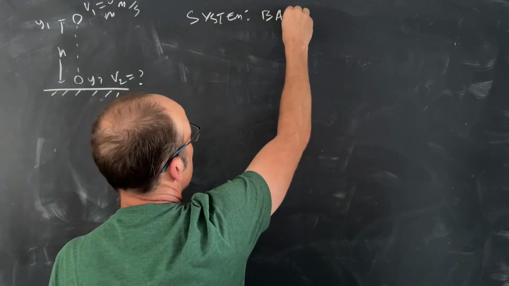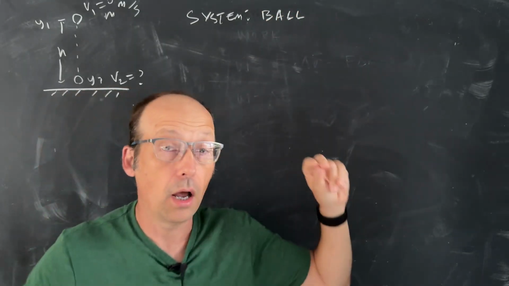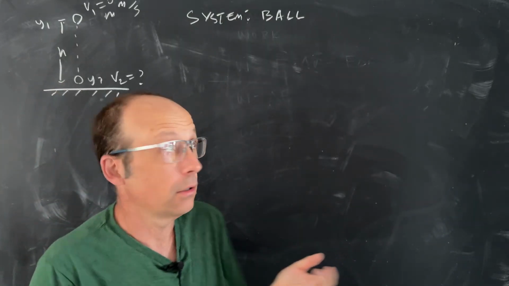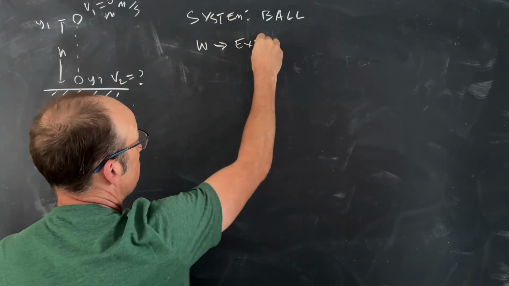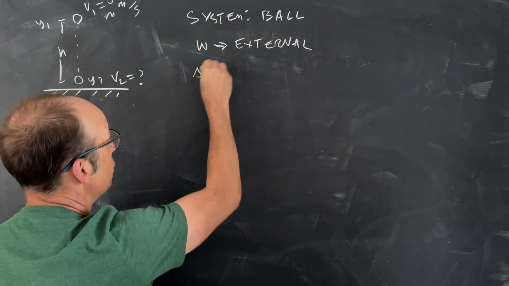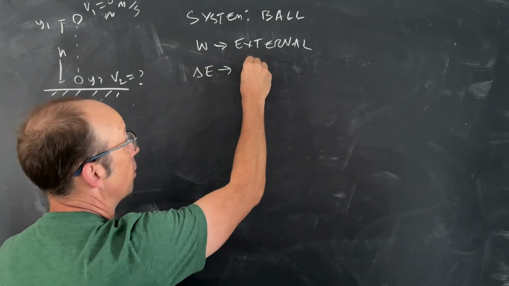That's my only system. So that means there's two things that are important. Any external interactions will do work. So the work is from external interactions. And then the change in energy depends on my system. In this case, the change in energy is going to be kinetic energy.